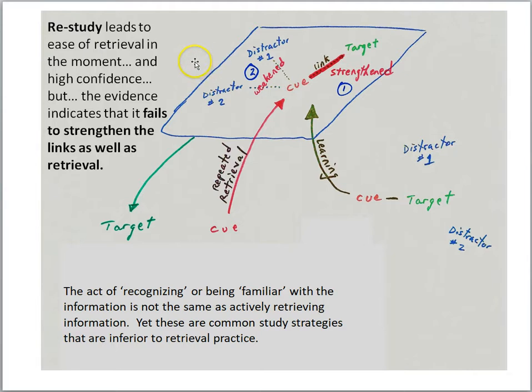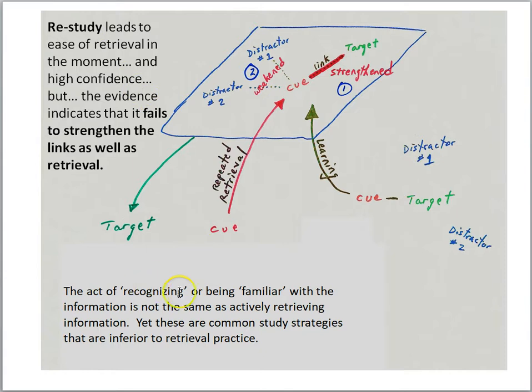And you'll recall in the lesson on retrieval practice, we learned that restudy leads to ease of retrieval in the moment. We get the working memory boost and high confidence, but the evidence indicates that it fails to strengthen the links as well as retrieval does. Now that's for long-term retention. We did note that there was a cramming effect. So restudying can make information accessible in the short-term memory system for a short time, but long-term retention is best served by retrieval practice.